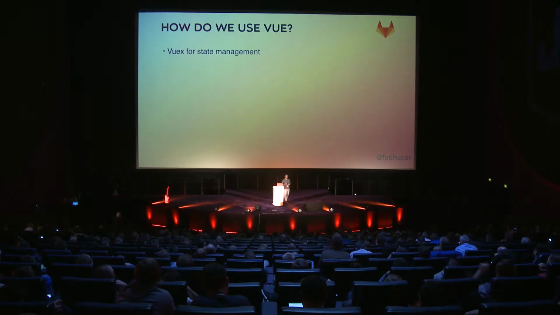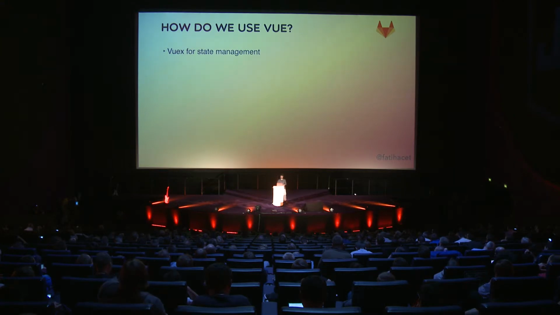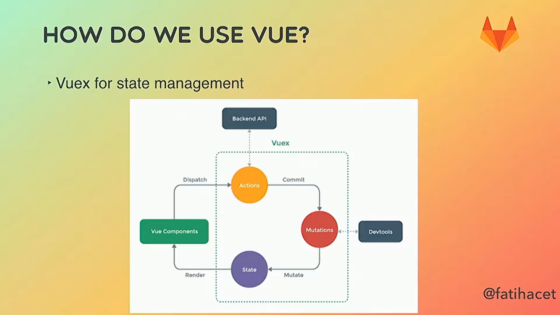How do we use Vue? We use Vuex for state management. This is the chart of the Vuex state management. On the left, the green Vue component dispatches an action and it goes to the yellow action circle. Then this action talks with the backend API, fetches the data, and updates the stuff.